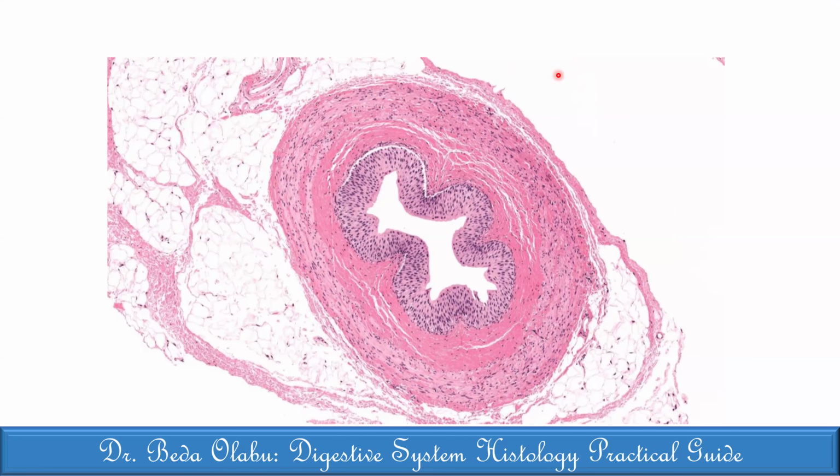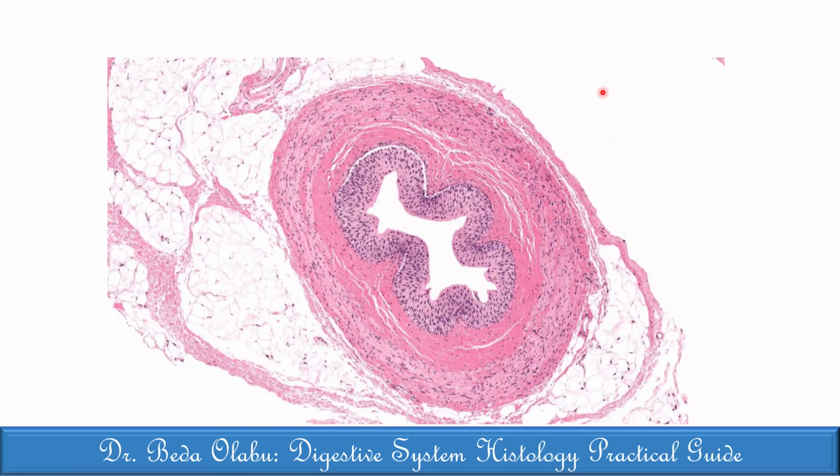Because I said that it is simple columnar, that would mean that it has to be between the stomach and the rectum. We said it can't be the small intestine.